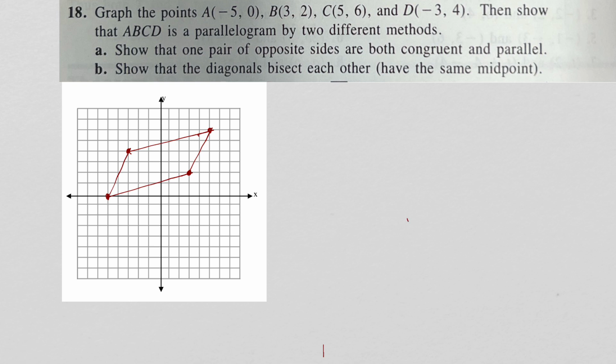Let's see, this is A, B, C, and D. Now, I'm going to show that one pair of opposite sides are both congruent and parallel. So I have to find the slope of this and find the slope of this, and I have to find the distance of this and the distance of that. And that will show that this is a parallelogram.